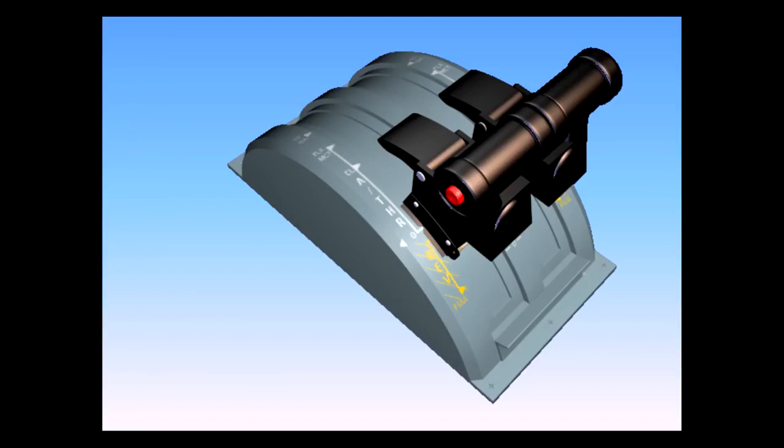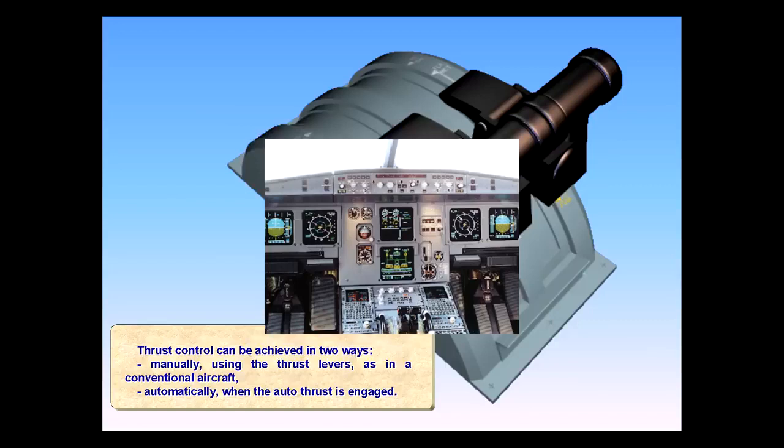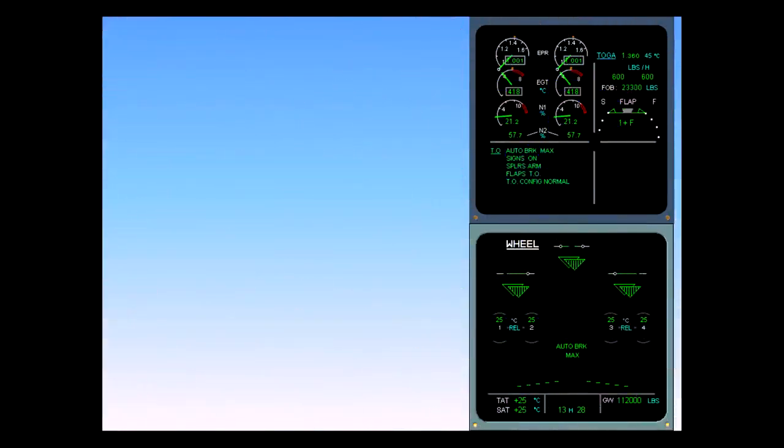Thrust control can be achieved in 2 ways: manually, using the thrust levers as in a conventional aircraft; automatically, when the auto thrust is engaged. On the ground, the thrust limit mode is toga or flex.